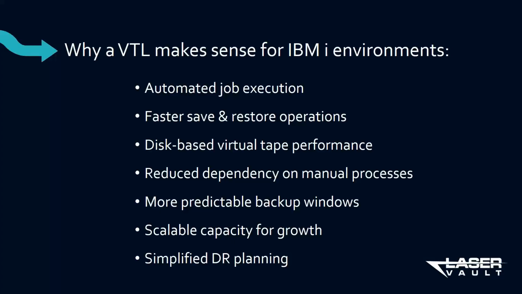And simplify your disaster recovery planning with replication options of making automated copies of your backups, whether that's to cloud storage, a disaster recovery location, or even both, and actually creating up to 3 copies of your backups for disaster recovery planning.